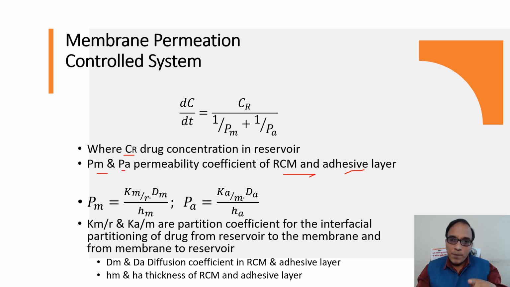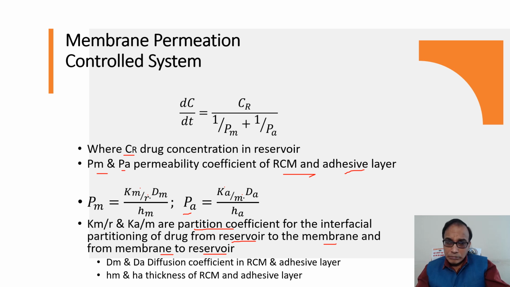The permeability of the membrane, Pm, can be expressed as Km/r into Dm upon Hm, and in the same way Pa can be expressed as Ka/m into Da upon Ha. What are Km/r and Ka/m? These are the partition coefficients for the interfacial partitioning of drug from reservoir to the membrane and from membrane to the adhesive layer.